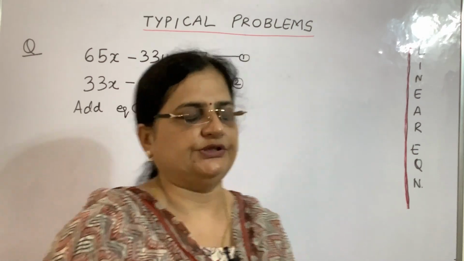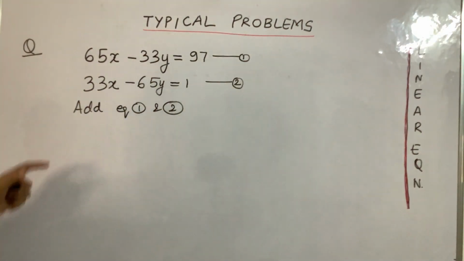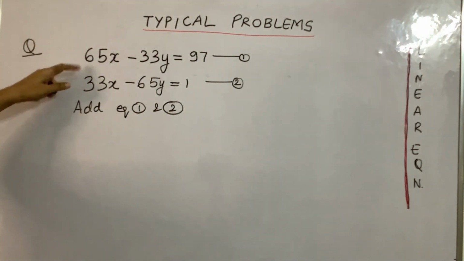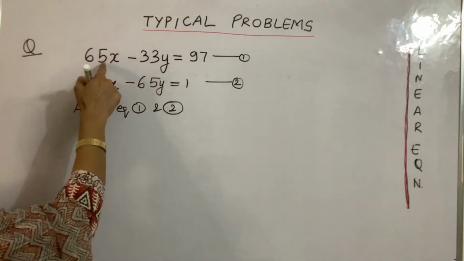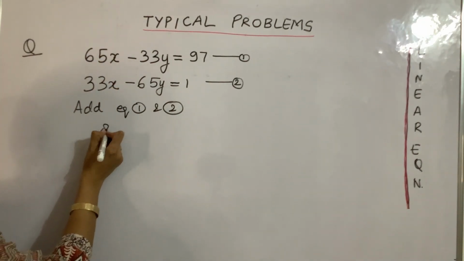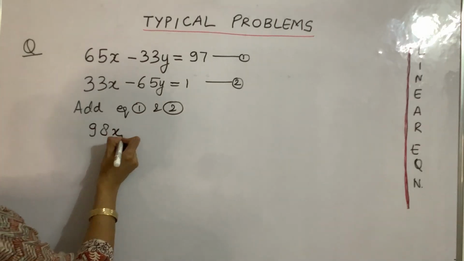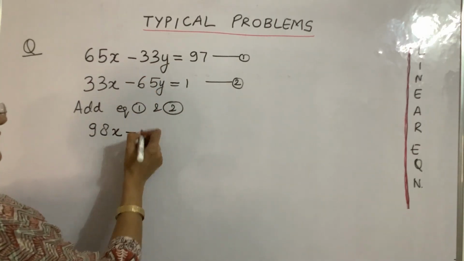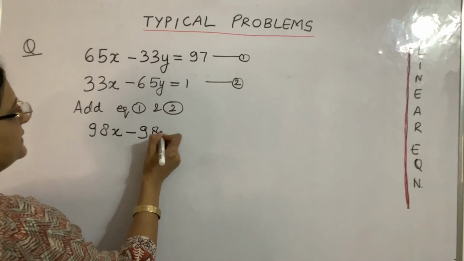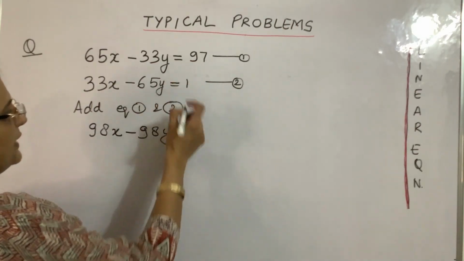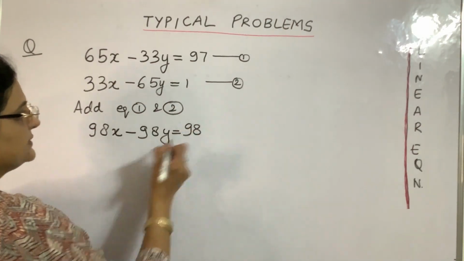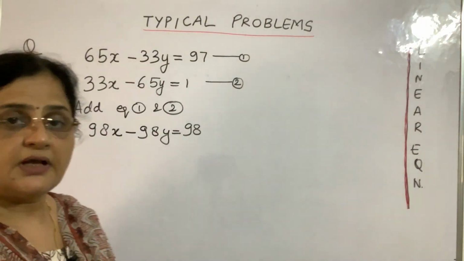When we add both the equations, because they are written here, we can add them easily. So 65 plus 33 is 98x, minus, if you add both of these, you get 98y, and if you add these, you get 98.